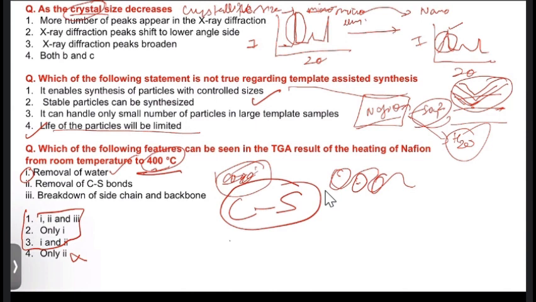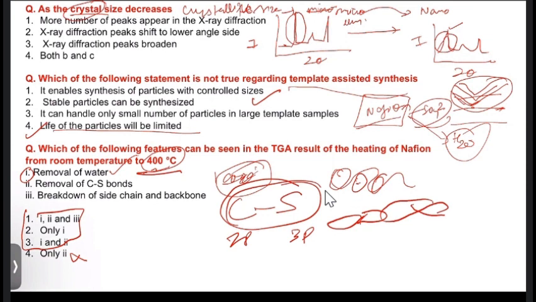Overlapping: this is 2p orbital, this is 3p orbital. There is a weak bond. Okay. This is a p orbital and this is a large p orbital. So the second statement is also correct. What about the third statement?